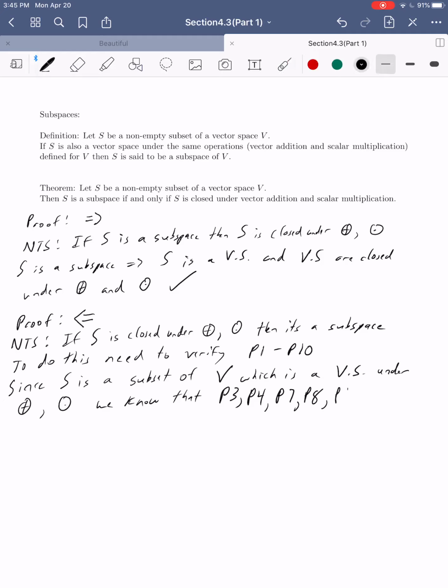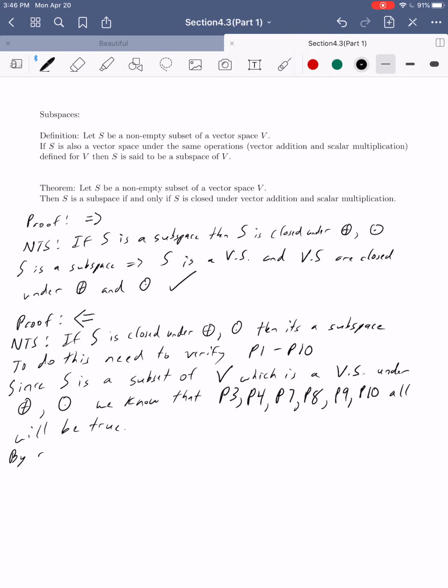And we know that the distributive properties, P9, P10, all will be true. We know all of those are true because these guys don't relate to vectors or what is or is not in the subspace. These just relate to the operations of addition and multiplication, and we know that those operations, when we're working with V, act the way that they're supposed to. So we know that those all will be true.